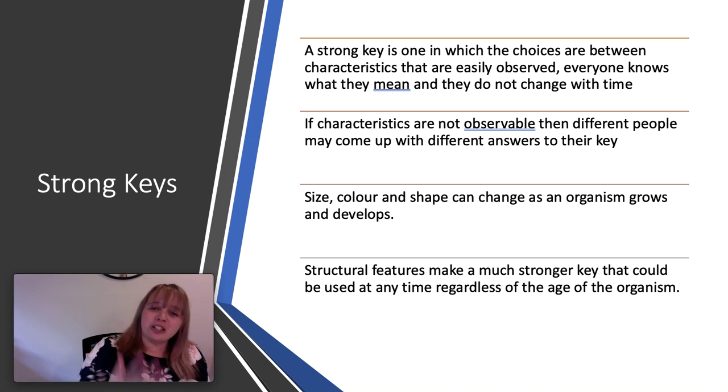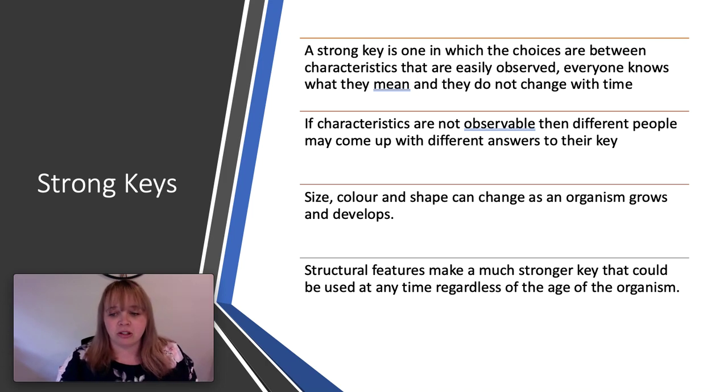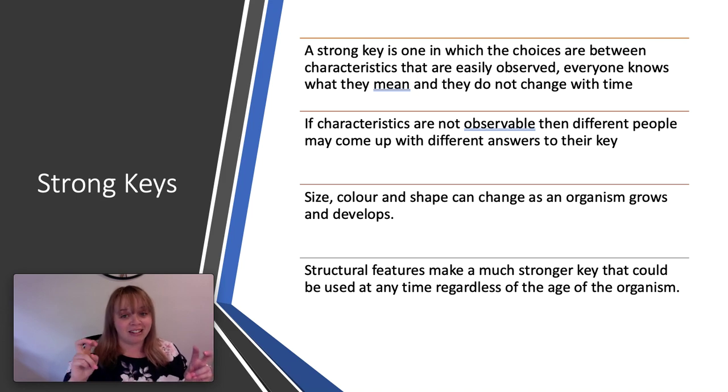That's what I would call a structural feature. So structural features make really good, strong keys. Things that can be changed like hair colour, not a great feature to use in your keys. And so that brings us to the end of the theory on classification and dichotomous keys.